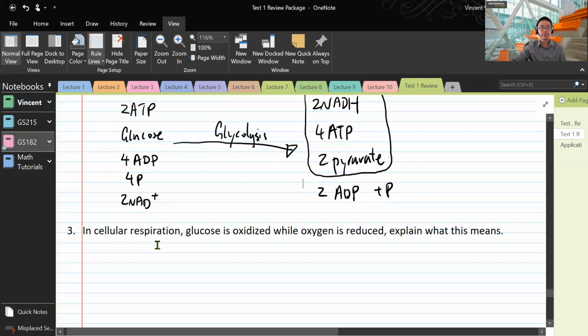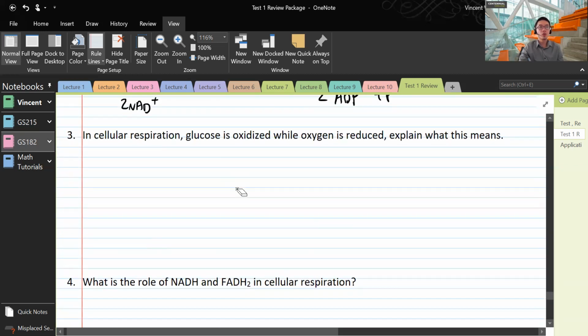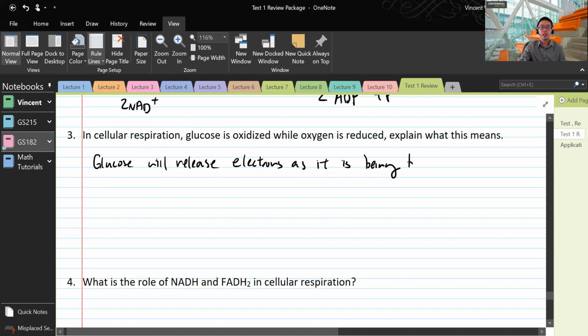Next question. In cellular respiration, glucose is oxidized while oxygen is reduced. Explain what this means. Okay, so this means glucose will release electrons as it is being broken down.